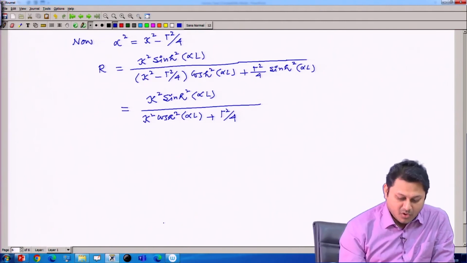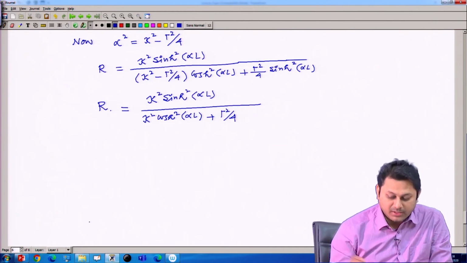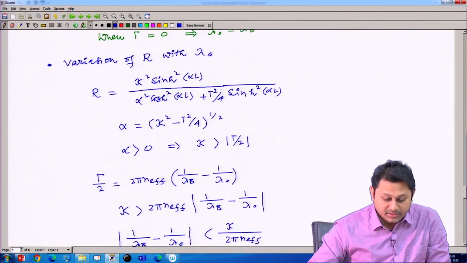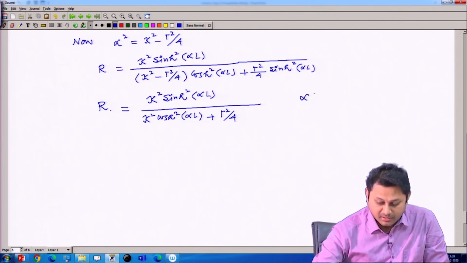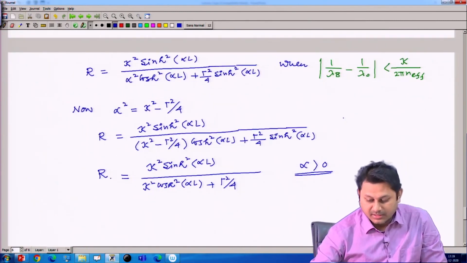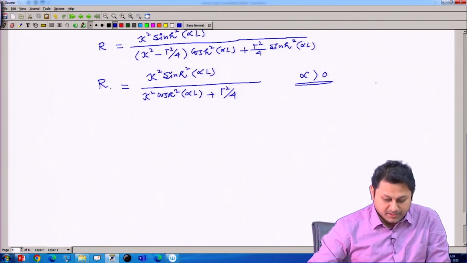So, this is the form of the reflectivity we have, and this expression is basically coming from the fact that when alpha is greater than 0, I can have this solution. That basically tells me that this is the condition in terms of wavelength.